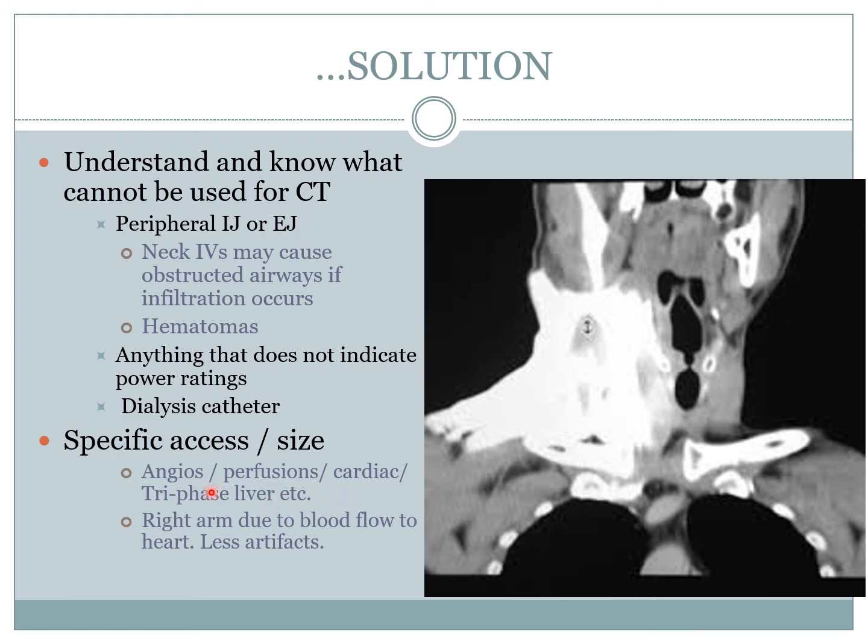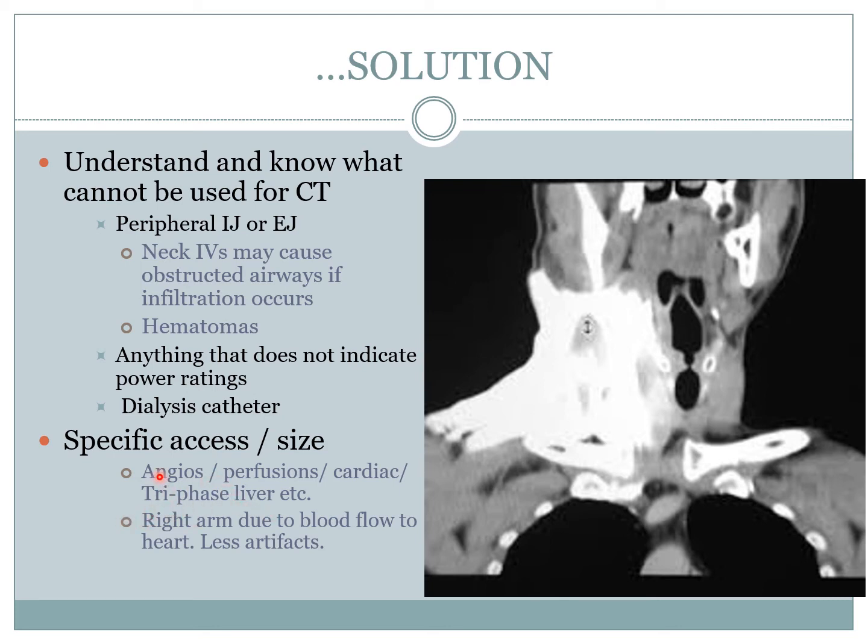So that is a type of scan that uses a really high rate of contrast. Cardiac studies, triphase liver, which has an angio phase. There's a non-con, angio, and venous, so that's why it's called triphase.